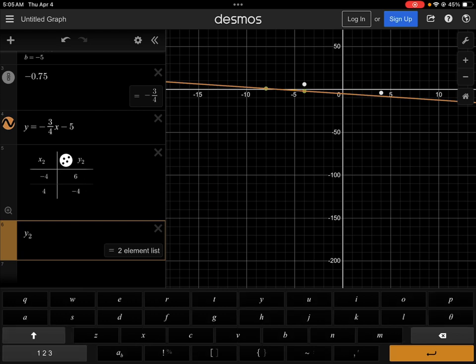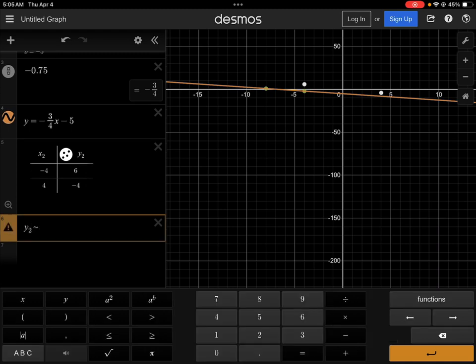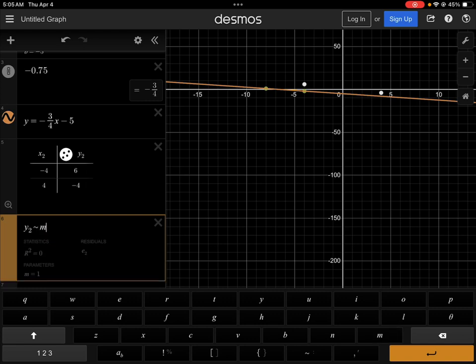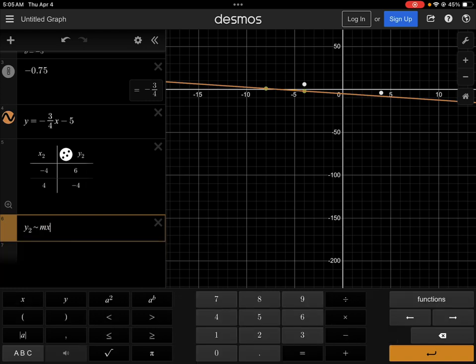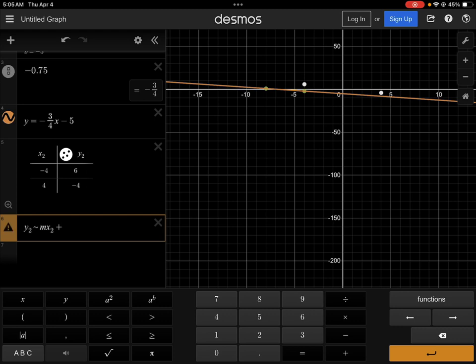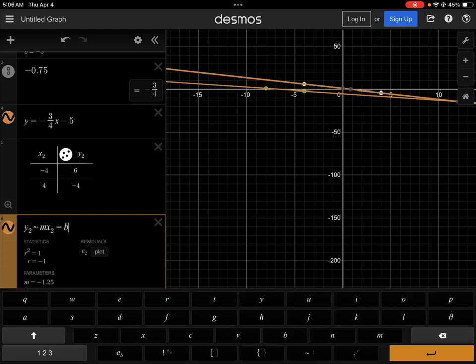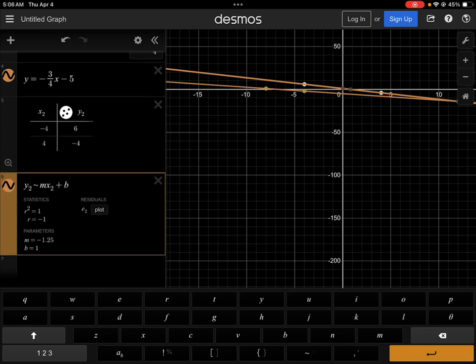Space squiggly, then we have m, x subscript 2, space, plus b. If I do this, it's gonna give me the slope and the y-intercept, which is the m and the b.